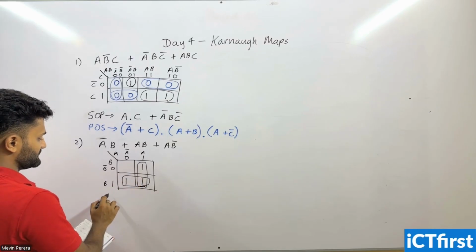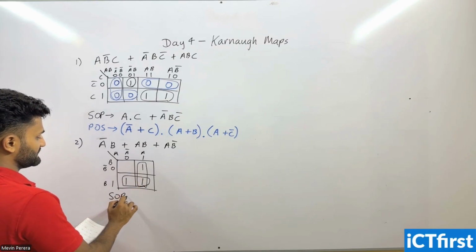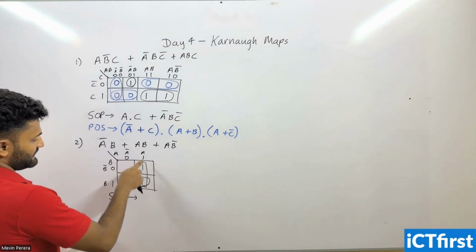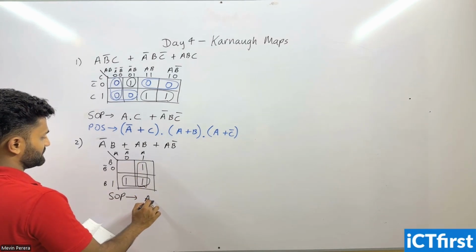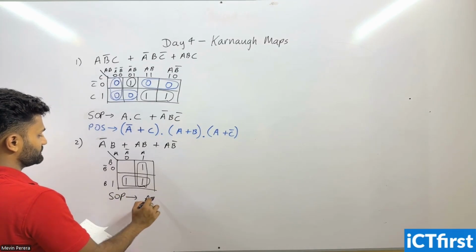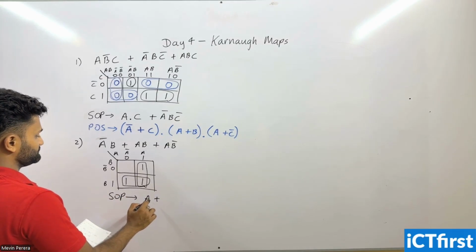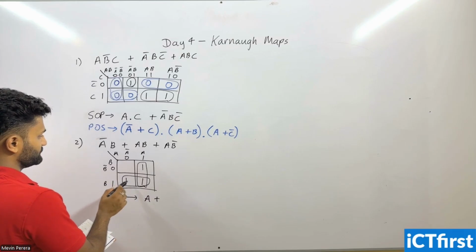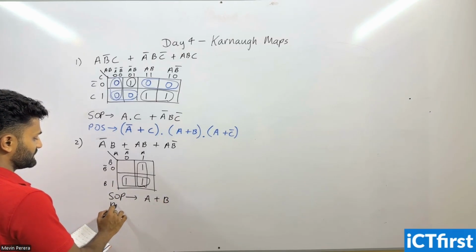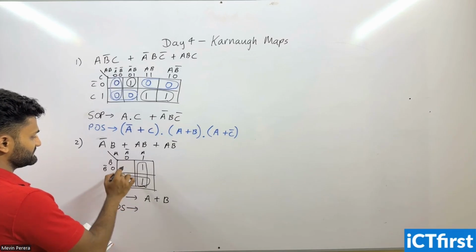Okay, so first we are taking the SOP here. The first one, A is common in here. A is only common, right? Then for the next group, B is common. So this is the answer. The POS expression is this one.